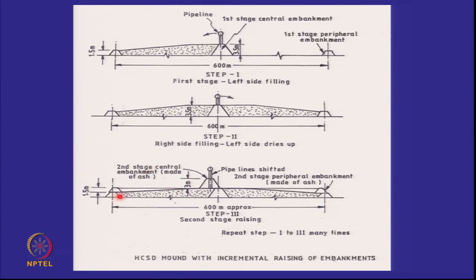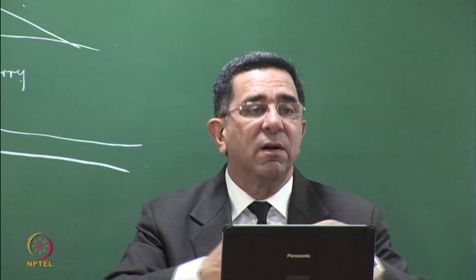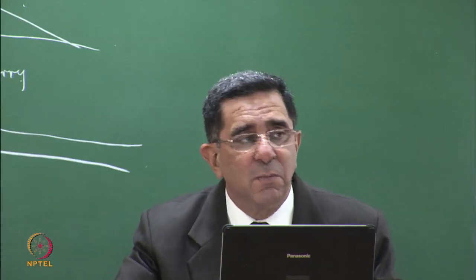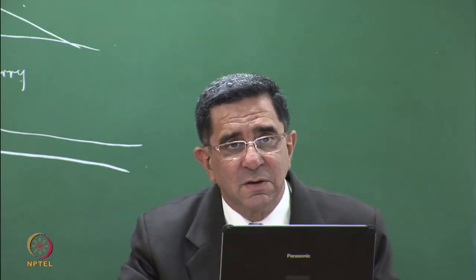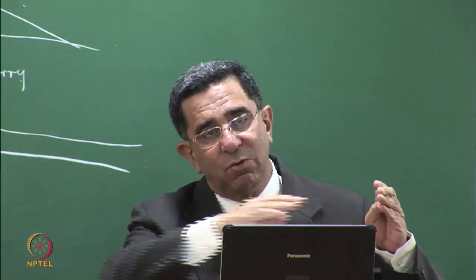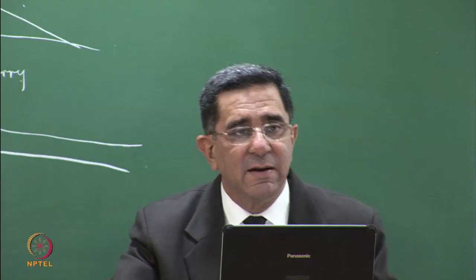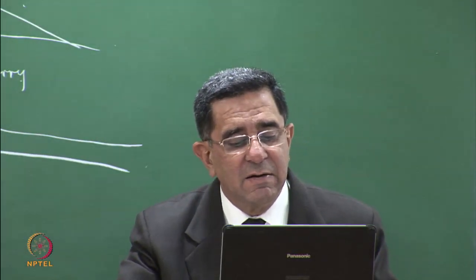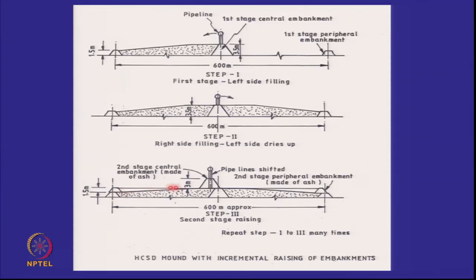But typically it's beginning to look like an upstream raised pond. But in a low concentration pond, one of the dimensions can be as much as 1.5 to 2 kilometers. Because water will travel from one end to the other end by gravity flow till the decant tower. This is slightly different, and you can raise the embankments and create your cone.